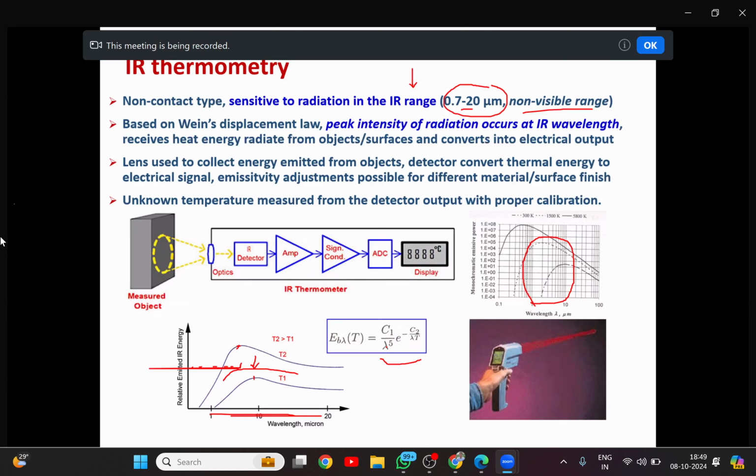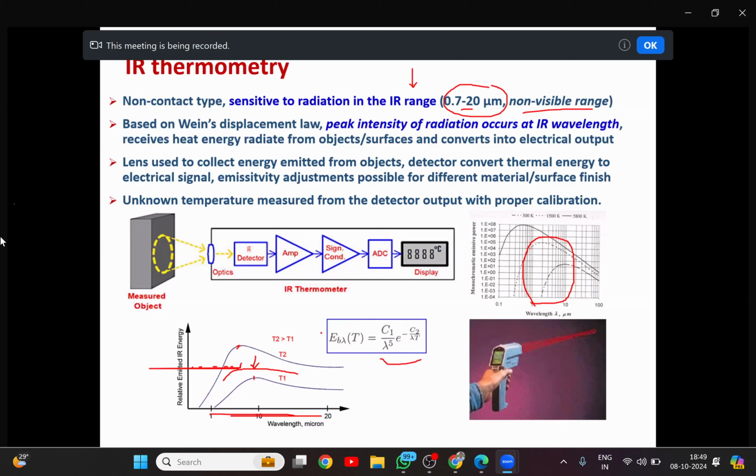Because you know the lambda, this is in the wavelength regime, and you know the values C1 and C2. Of course, you need to know the emissivity of the surface, because this is E_bλ. You want to find E_aλ, because that is the actual surface.